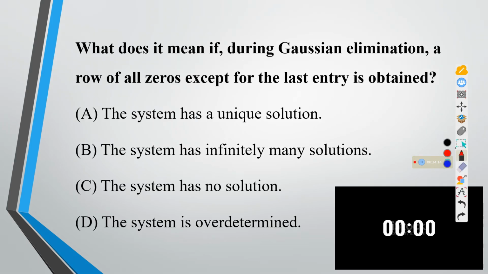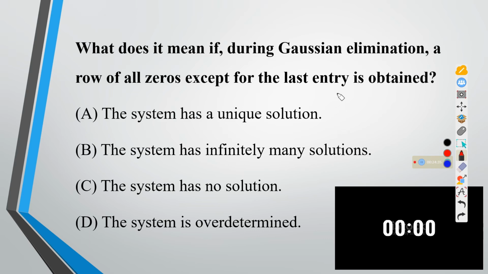So let us look at the solution. We are given: what does it mean if during Gaussian elimination a row of all zeros except for the last entry is obtained? So we are given: the system has a unique solution, the system has infinitely many solutions, system has no solution, and the system is overdetermined.